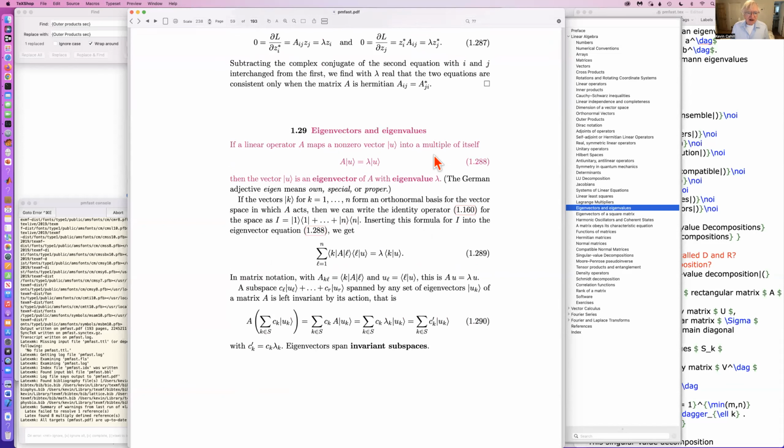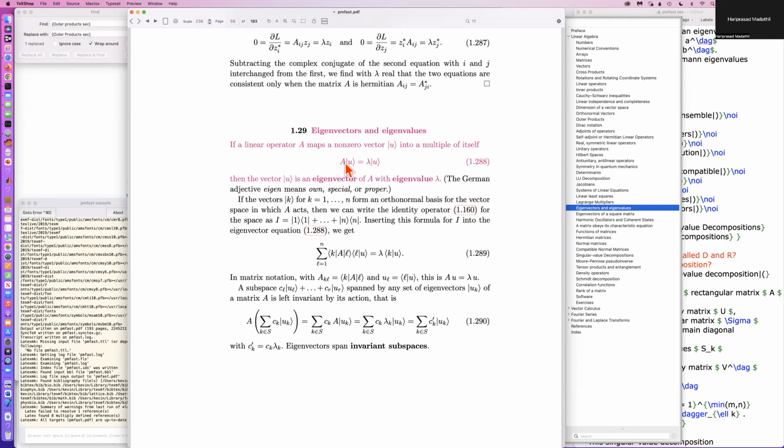Okay, eigenvalues and eigenvectors. If a linear operator maps a non-zero vector into a multiple of itself, then the vector U is an eigenvector with eigenvalue lambda. Notice lambda can be 0, so A can map a non-zero vector into 0, but if it maps the 0 vector into 0, it doesn't have any particular property.